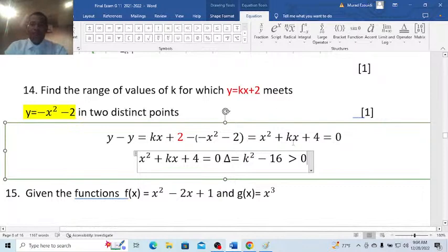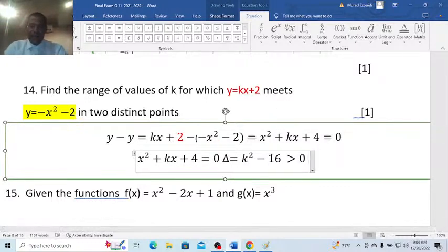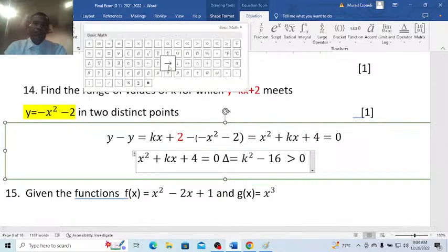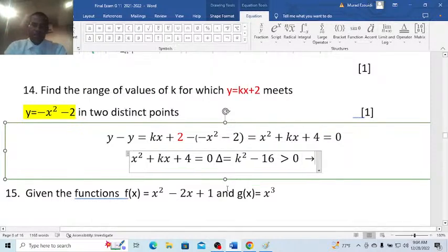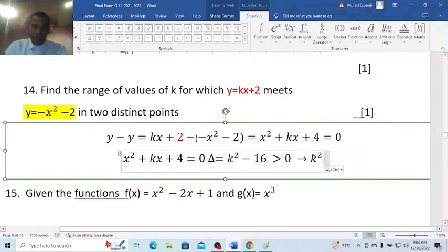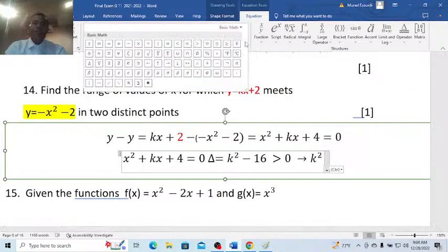So therefore learners, this will give us k squared is more than 16.